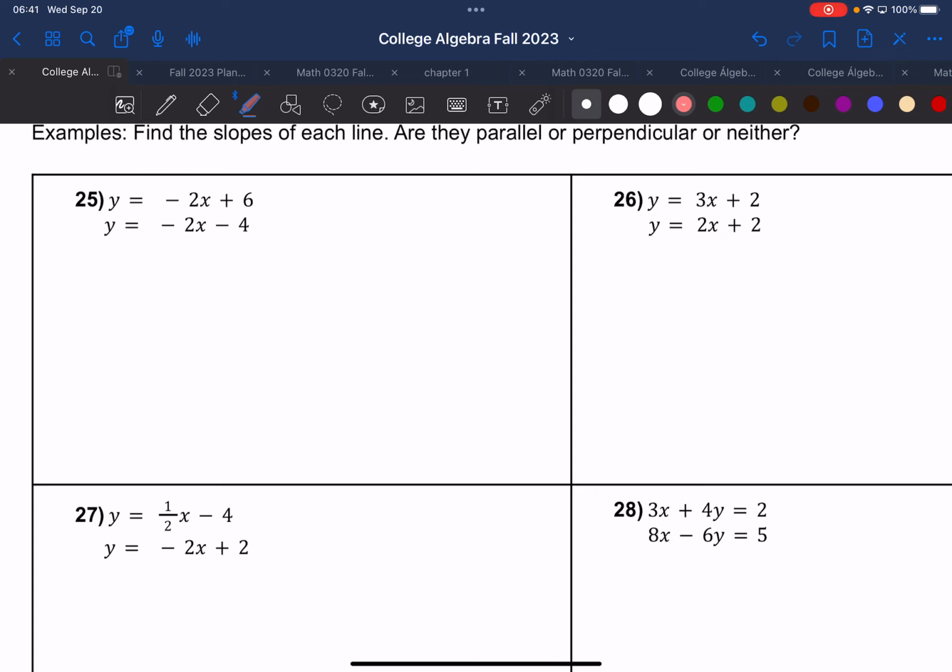X. The first one has -2 in front of X, so the slope is -2. The second equation also has -2 in front of the X, so this slope is -2. Since our slopes are the same, what type of line is it? Parallel. Good.